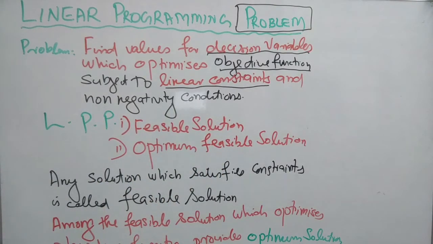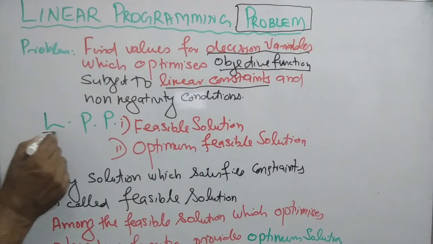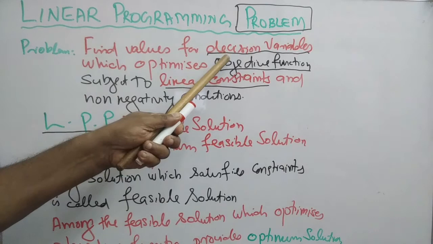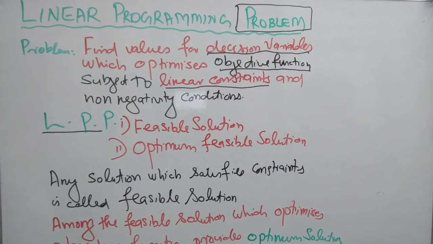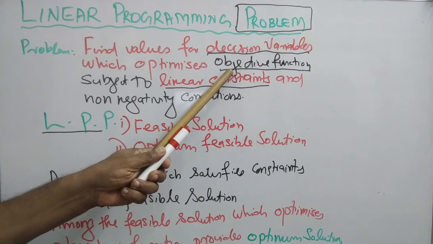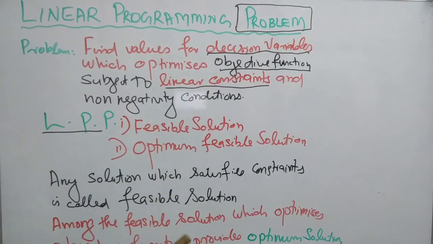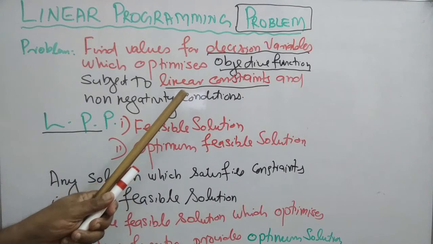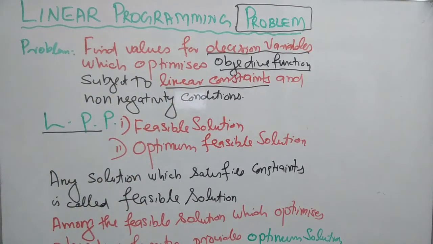So that's a problem, termed as LPP, linear programming problem. Once again, it's a method of suggesting values for decision variables subject to optimization of the objective function, satisfying linear constraints and non-negativity conditions.